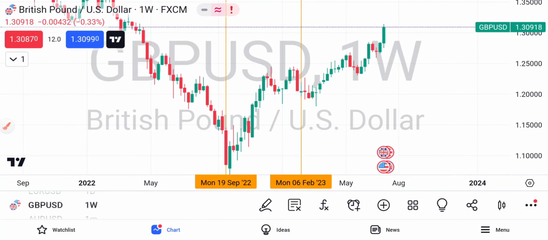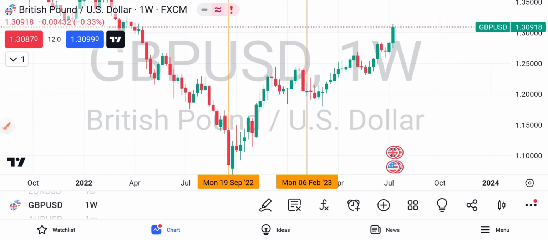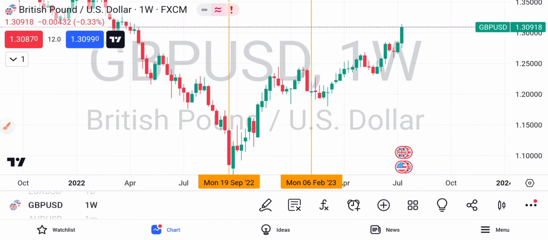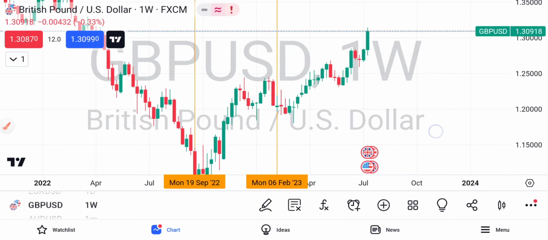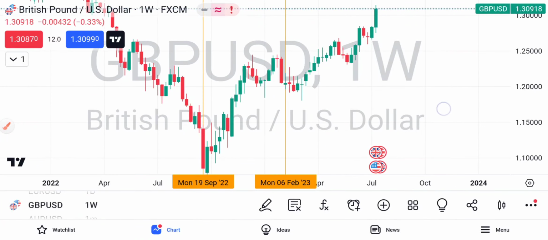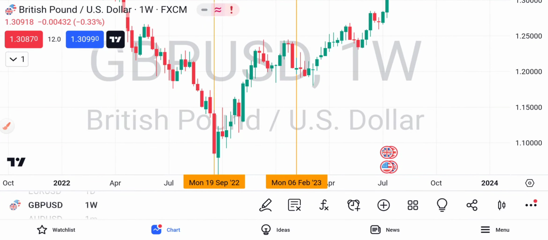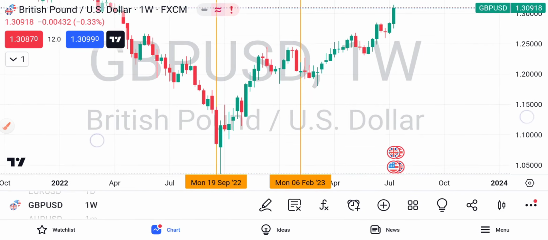Before I drop down to a daily time frame, I want to box out an area that we'll be talking about based on internal range liquidity and external range liquidity. We can still talk about it from here.